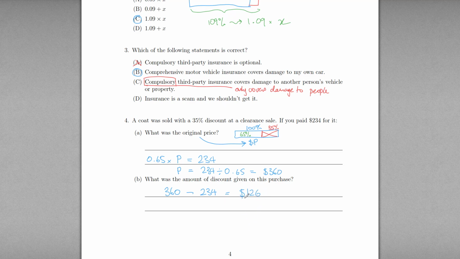You can also check that this should be the same as doing 35% of 360. Okay, so take and check your answers are correct, because it's a 35% discount on that 360 price. So I can check that real quick, and yeah, that's the same thing.